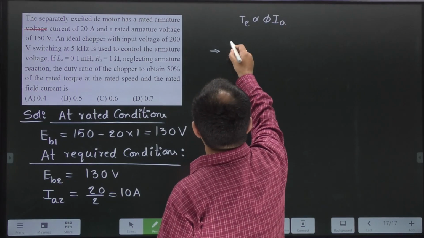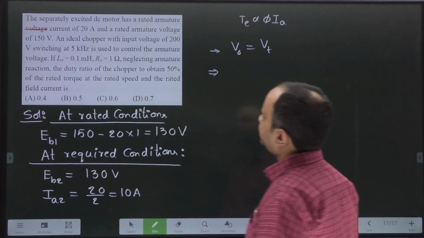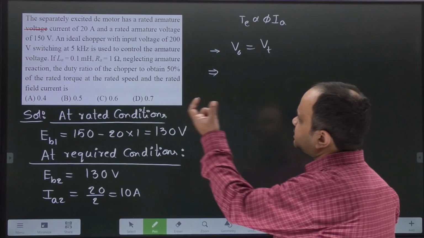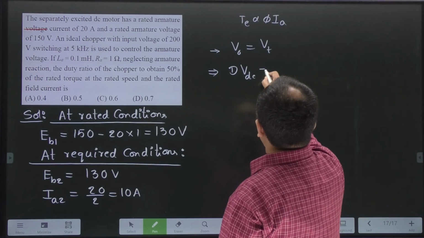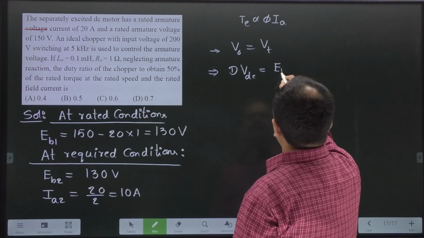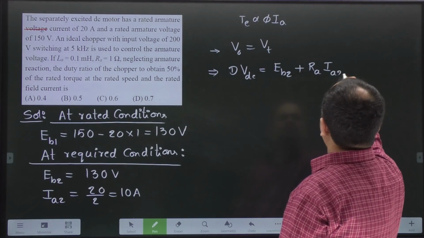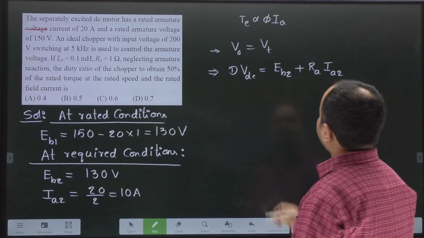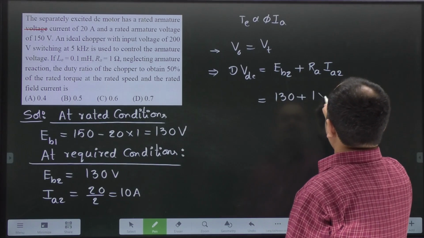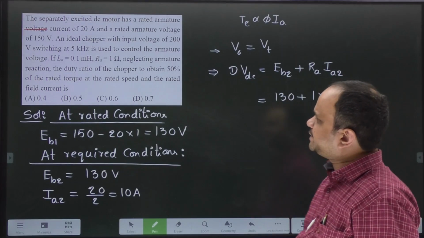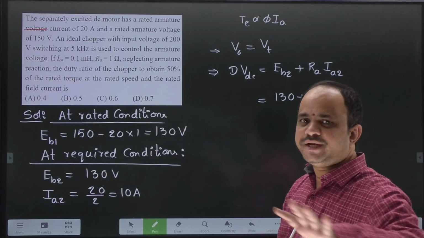Therefore, under these conditions, again you can start with the basic equation. V0 is equal to Vt. As the motor is driven by a chopper circuit, you can simply take D into VDC on the left side. Vt is nothing but, in the second condition, EB2 plus RA into IA2. Therefore, what is EB2? 130 plus RA is 1 ohm. Here, armature inductance is given just to confuse you. There is no need of armature inductance here because this is a completely steady state analysis.